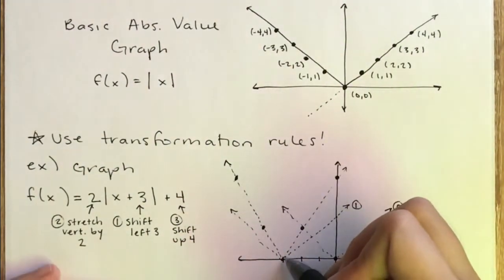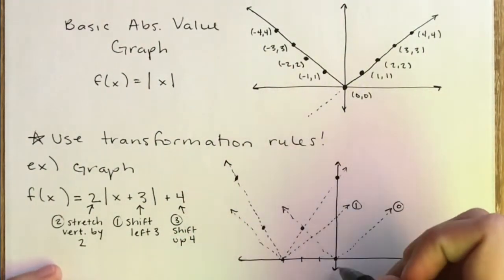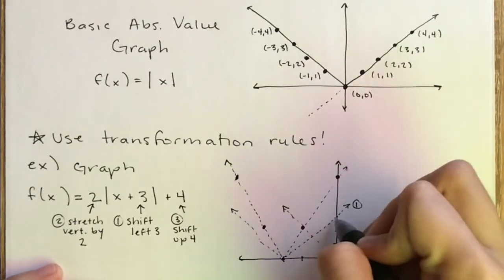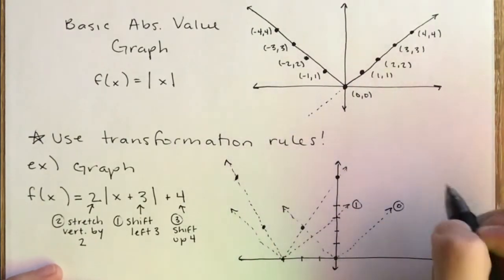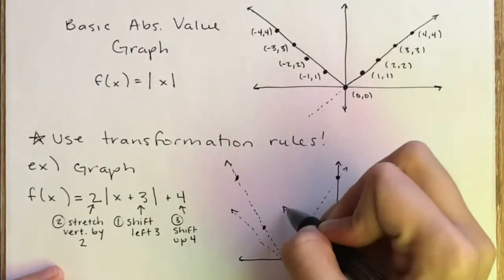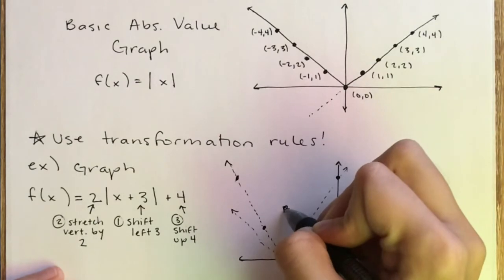And then we shift the whole thing up by 4. So 1, 2, 3, 4. So now our graph starts about here.